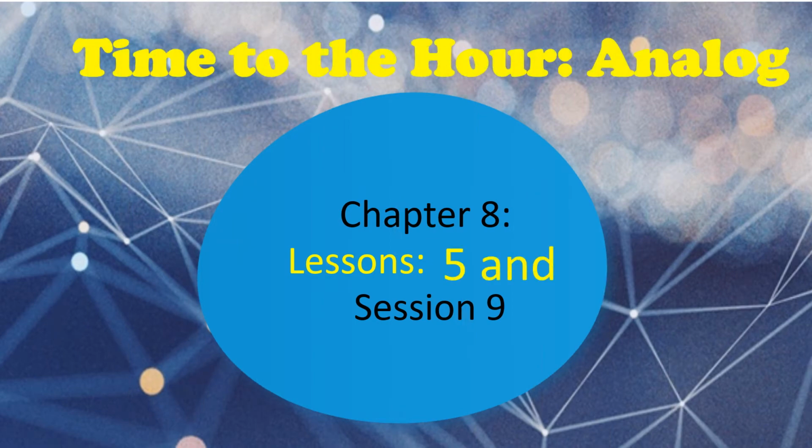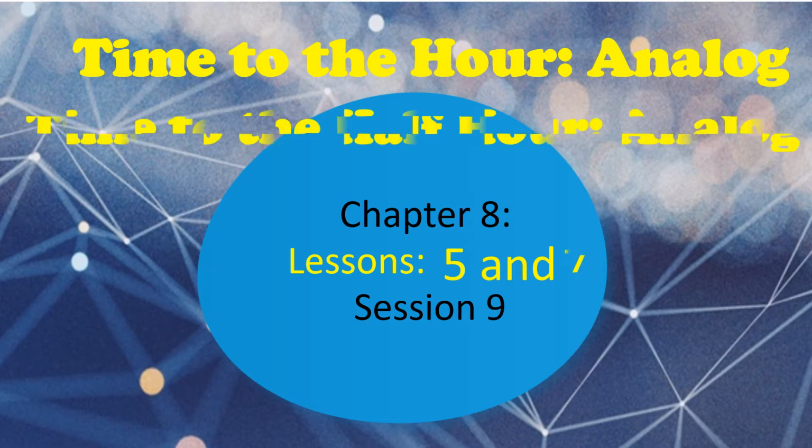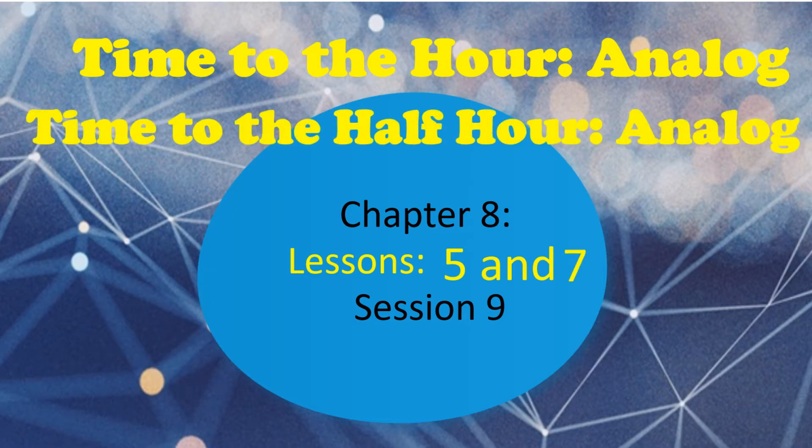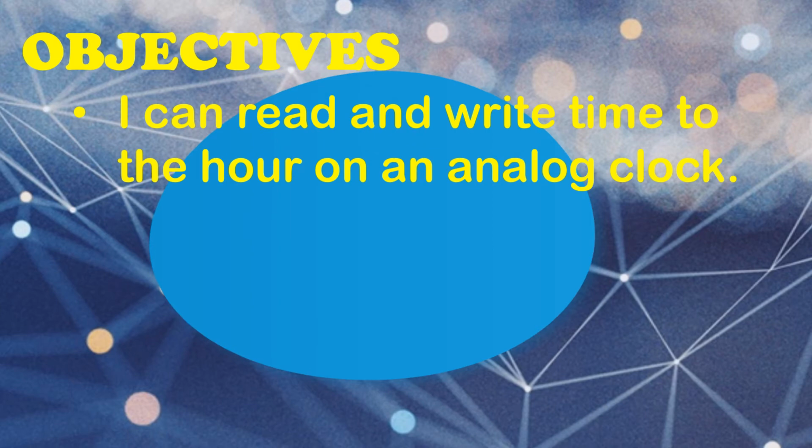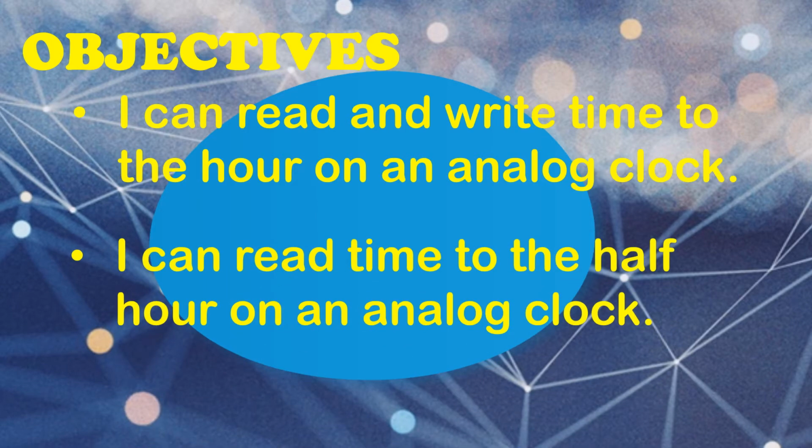Kids, today we'll talk about time to the hour analog and time to the half hour analog. Today's learning objectives are: I can read and write time to the hour on an analog clock, and I can read time to the half hour on an analog clock.